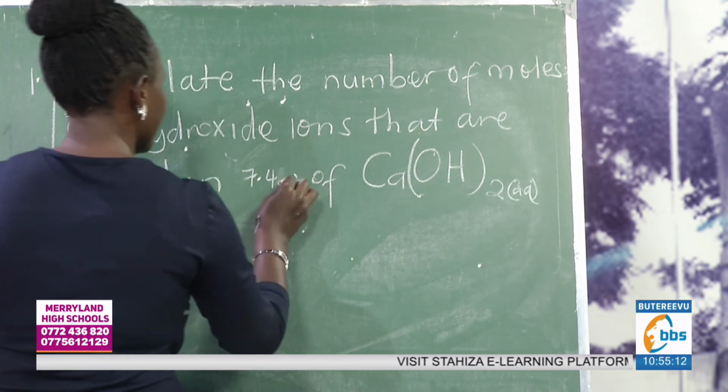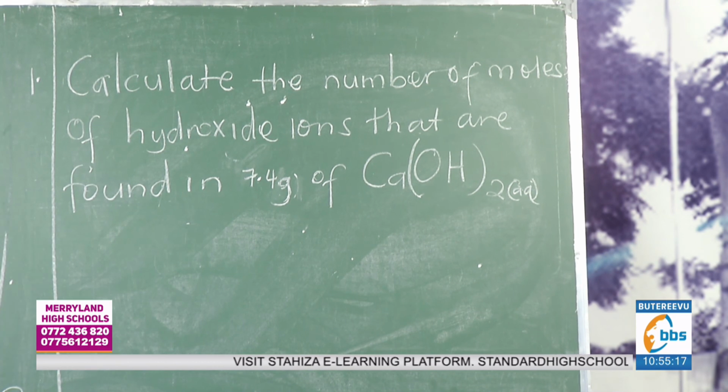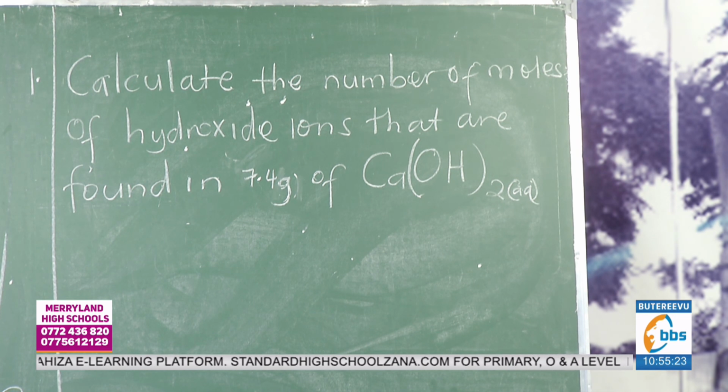Calculate the number of moles of the hydroxide ions that are found in 7.4 grams of calcium hydroxide solution.